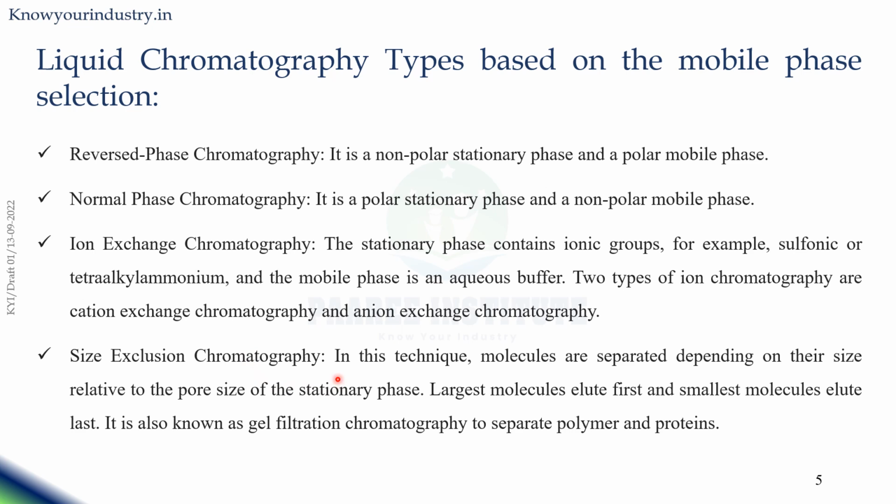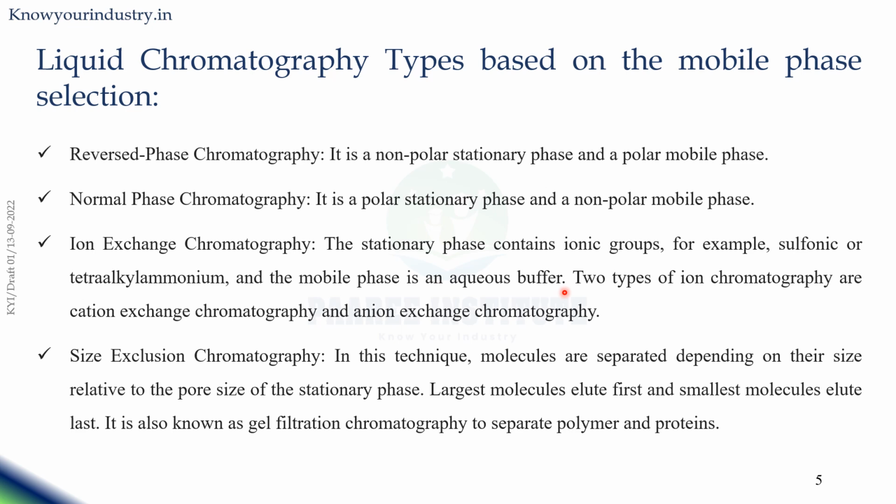Based on the mechanism, it can be classified into two types: ion exchange and size exclusion chromatography. In ion exchange chromatography, the stationary phase contains some ionic groups, for example, sulfonic or tetraalkyl ammonium groups, and the mobile phase is aqueous, generally a buffer.